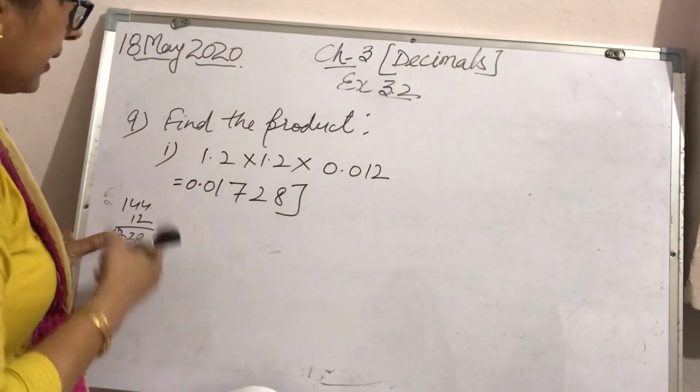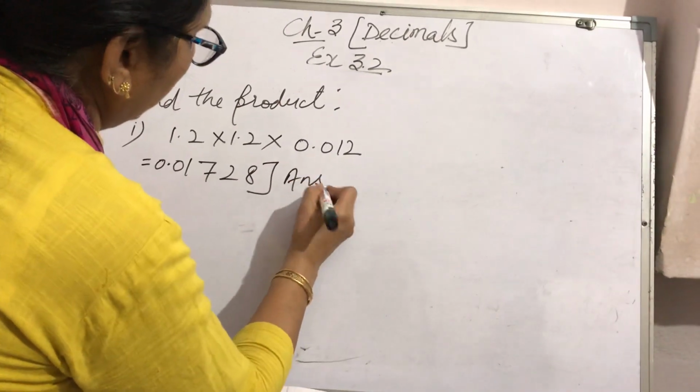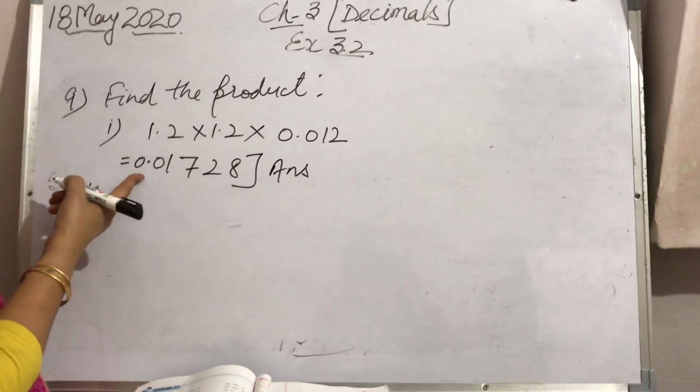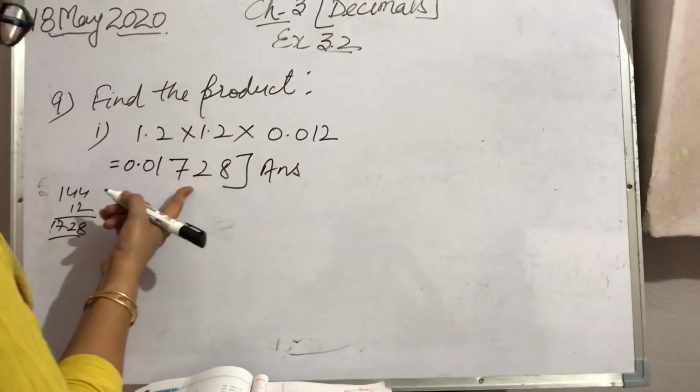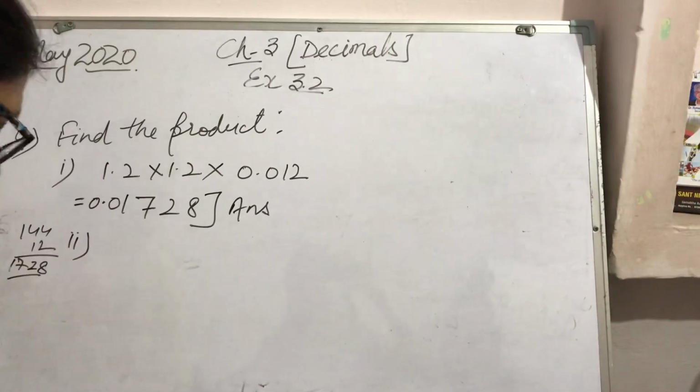If the number has fewer than 5 digits, we'll add zeros in front of the product. So the answer will be 0.01728.